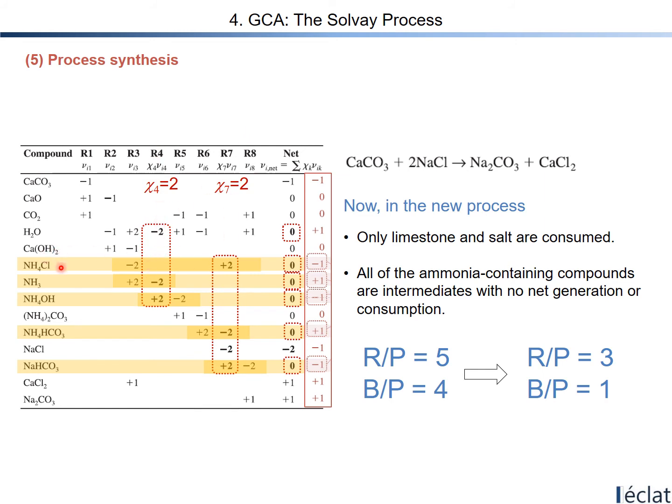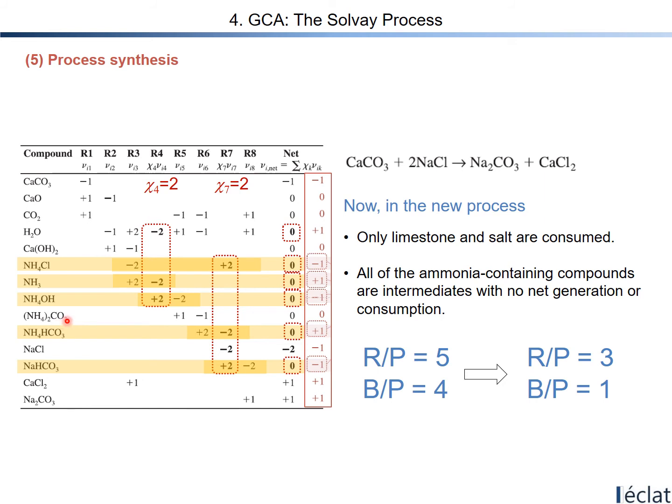Now let's go to the main body of the list, actually that yellow list here. Ammonium chloride, -2 original value and +2 after applying the factor 2 to reaction 7, going to 0. Ammonia, original value and then weighted value is going to 0. Ammonium hydroxide, going to 0.